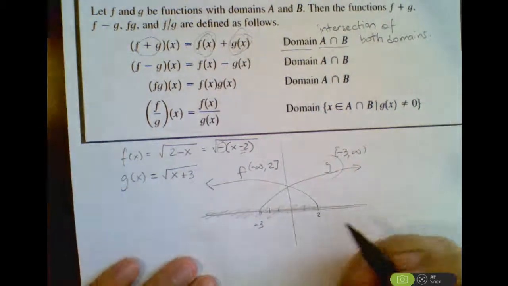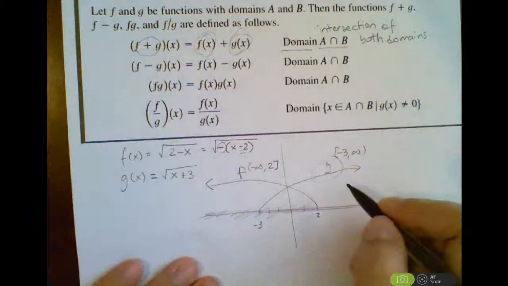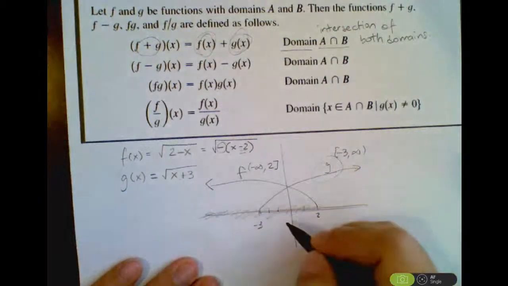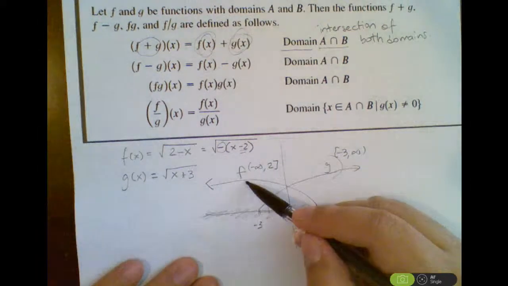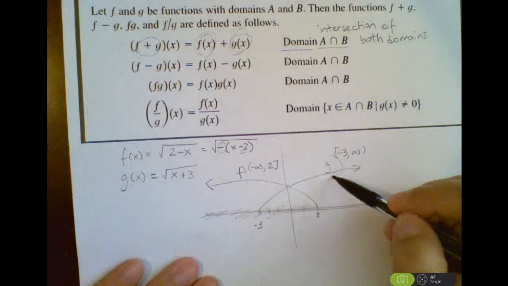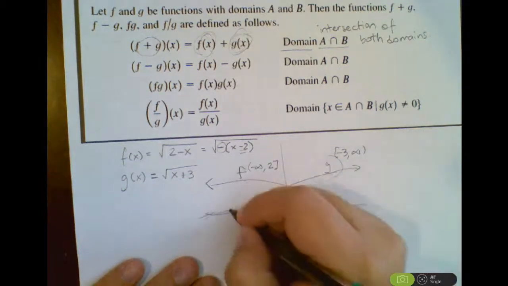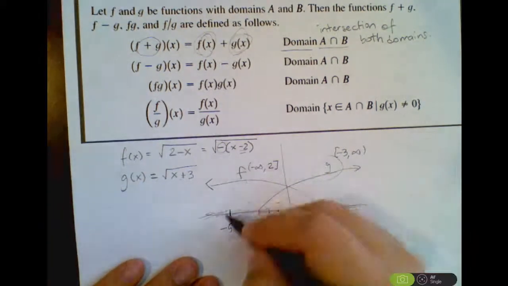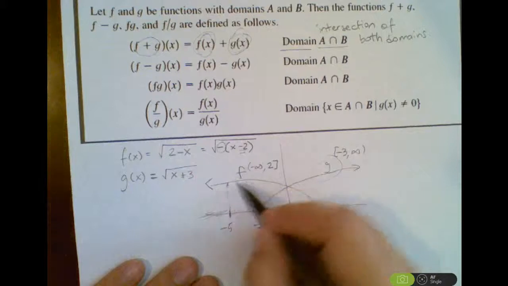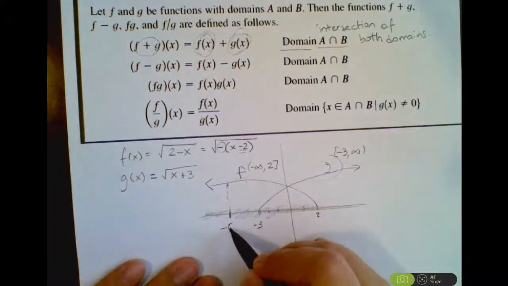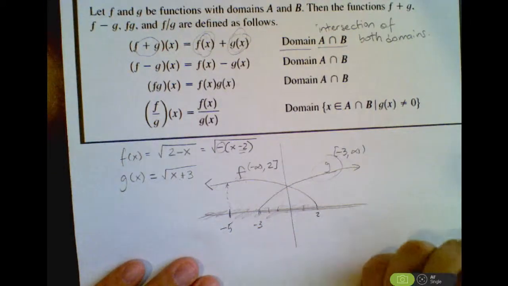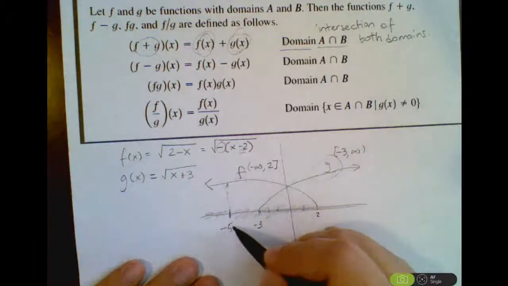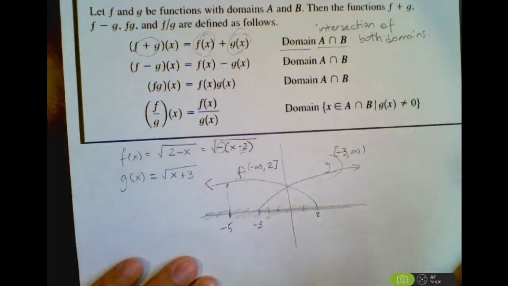So to be able to combine f and g, I have to pick x's that are in the domain of f and in the domain of g. So for example, if I were to pick negative 5, this is something that I can find f for, but I can't find g of negative 5. So to do f plus g of negative 5, that will be impossible.